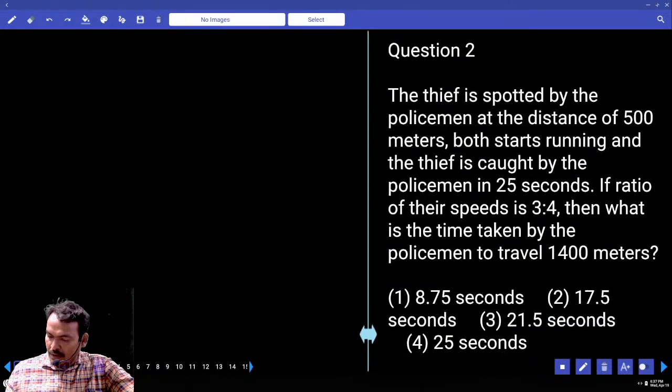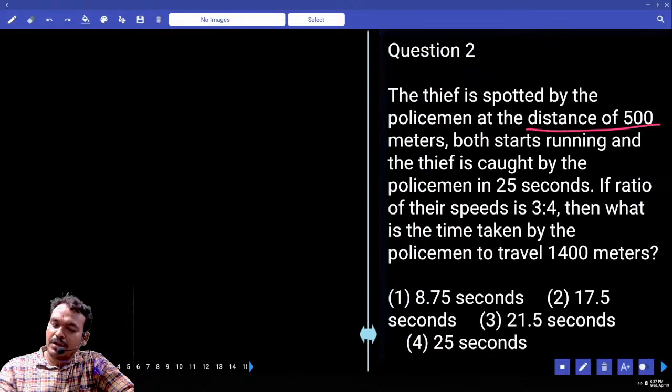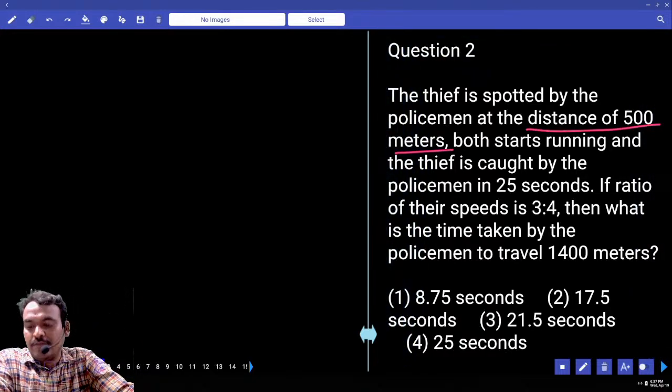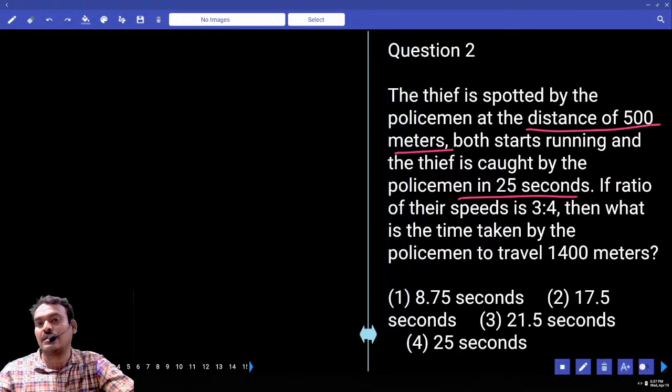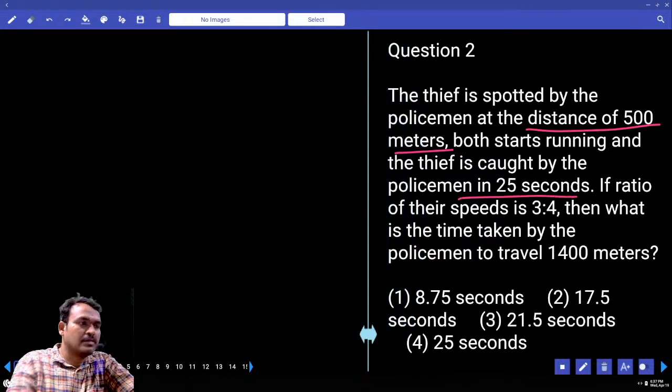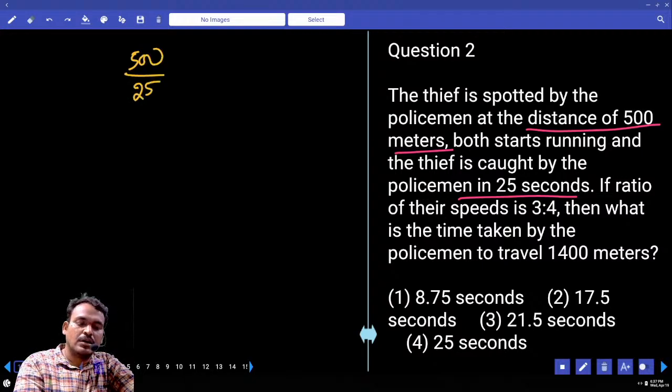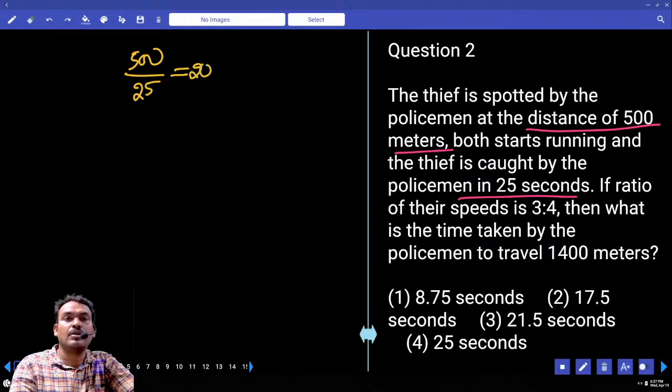Distance-wise, how many meters are covered? 500. Time-wise, how many seconds? 25 seconds. So 500 meters is covered in 25 seconds. How many times is it? 20 times, which means 20 meters per second. Which speed is this 20 meters per second?